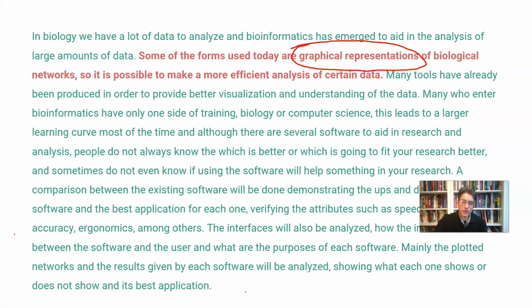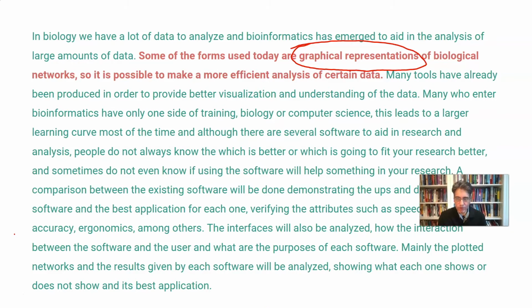But if you look down through the text, it seems that the real point, the main point that the authors want to make is that there's a lot of software out there. These software packages can be confusing to somebody who doesn't have training in software use, and people who are working in the field of bioinformatics need to have a way or some kind of framework of judging which one works well. And it seems to me that this analysis has that main purpose.